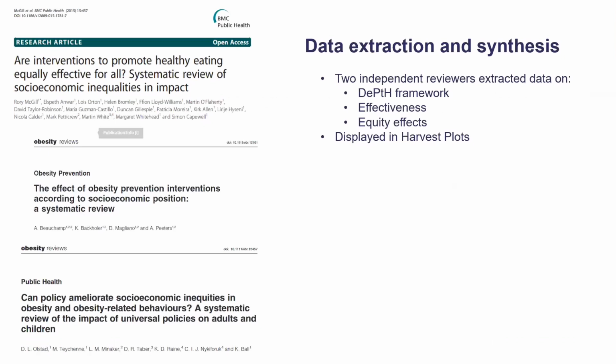And for each intervention, we extracted data on the DEPTH framework classification for each intervention component. And we extracted information about intervention effectiveness and their equity effects, which I'll explain a bit more about in the next slide. We then plotted the DEPTH classification and the equity effects on harvest plots to visually display the results, which I'm going to present now.